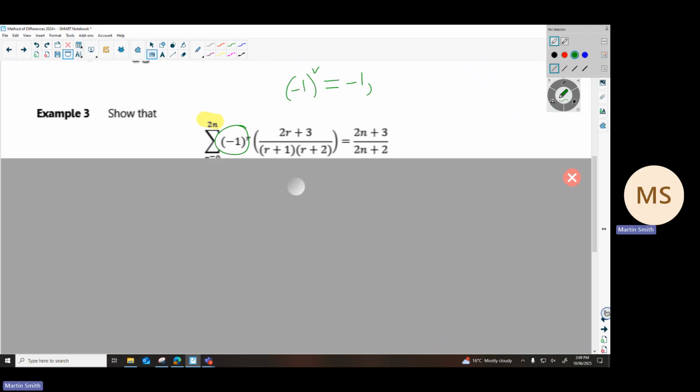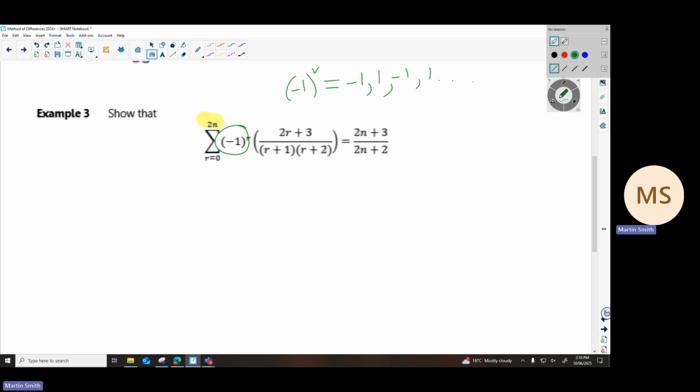When r is 2, minus 1 squared is plus 1. When r is 3, minus 1 cubed is minus 1. When r is 4, it's plus 1. So it multiplies by an alternating factor of plus or minus 1. It switches the sign of the term. Okay, folks? I'll come back to that in a second.